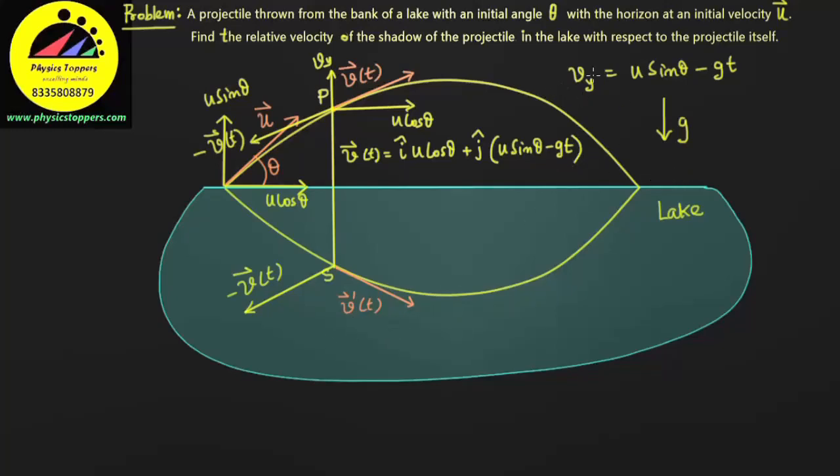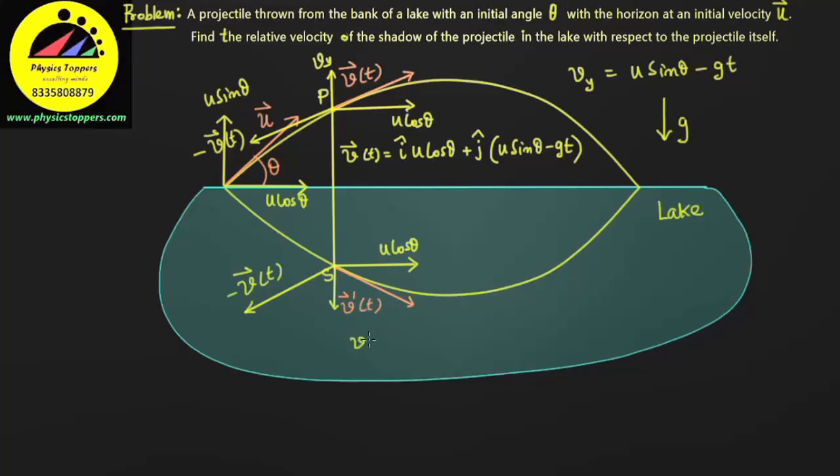Again, the horizontal component of v prime of t is not changing, which is u cos theta, but the vertical component has the same magnitude as in vt, but the direction will be exactly opposite.